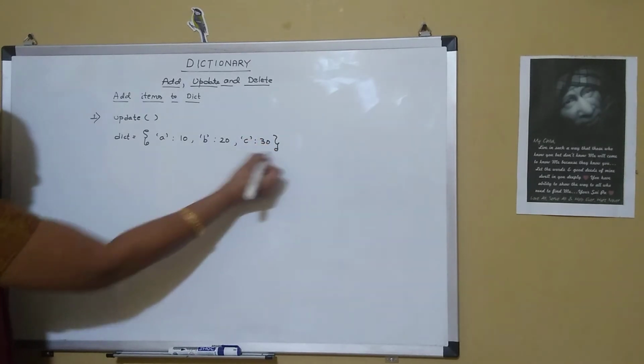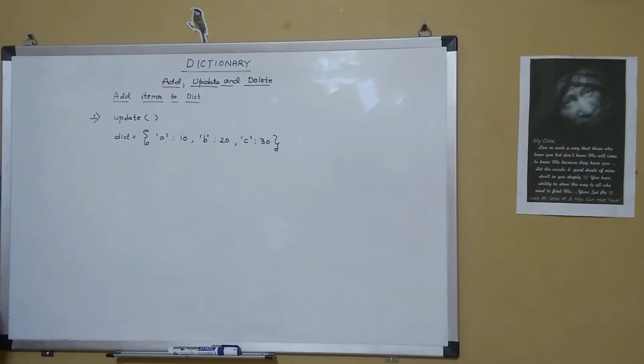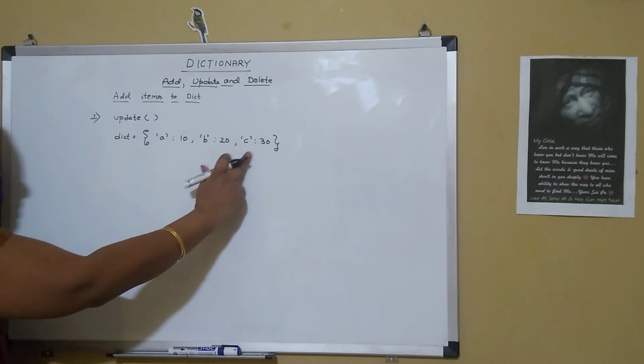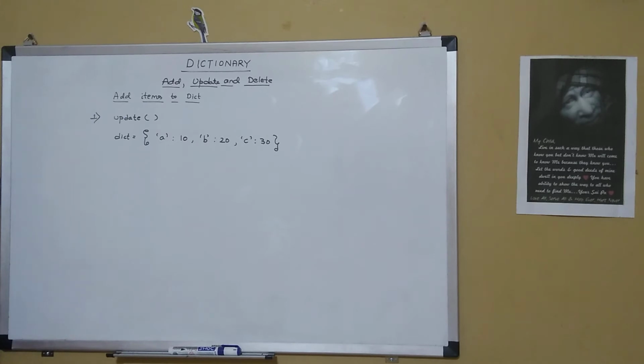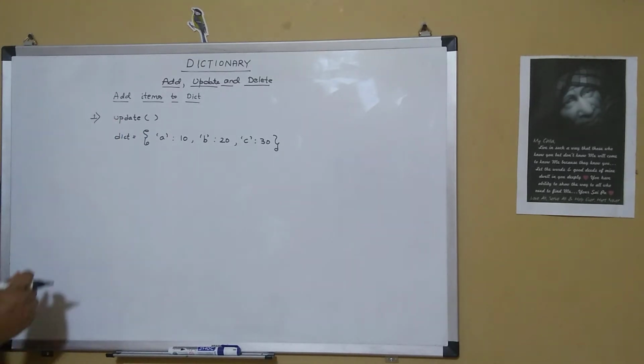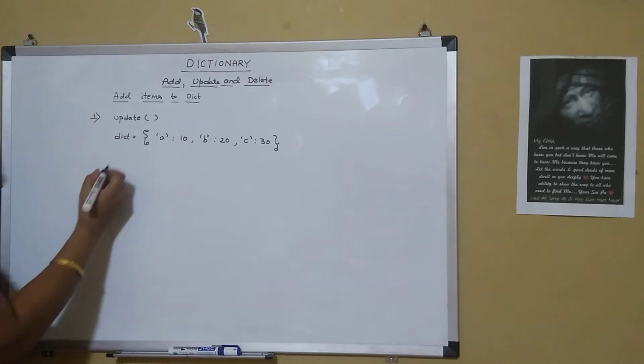So this is my dictionary. Now I want to add two key value pairs, that is D equal to 40 and E equal to 50. So when we have more than one key value pair which we want to update into the dictionary, we go in for the update function, update method.